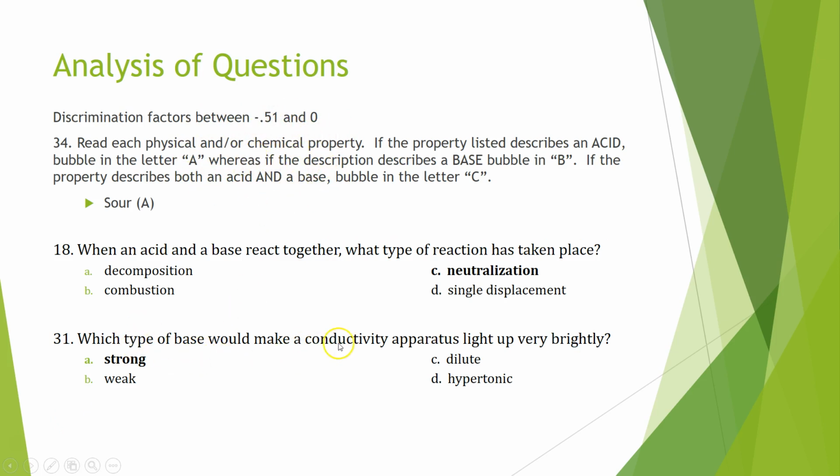And then I think for 31, this phrase conductivity apparatus, maybe provide a picture of what it is, because we used it in class and we called it a conductivity apparatus, but that is a large word for my ELL students to understand. And so it would be an idea to give a picture of it so that they would be better able to make the connection to what we talked about in class, and that could help with the answering of that.